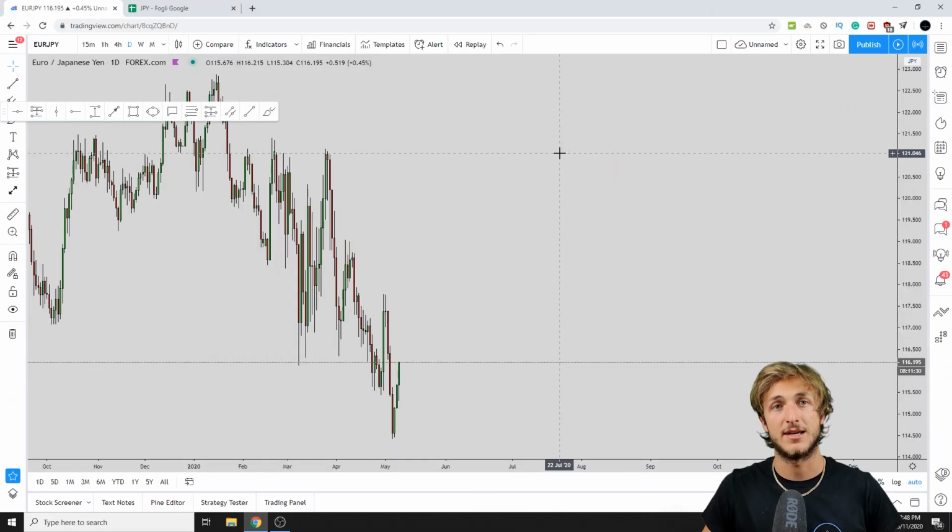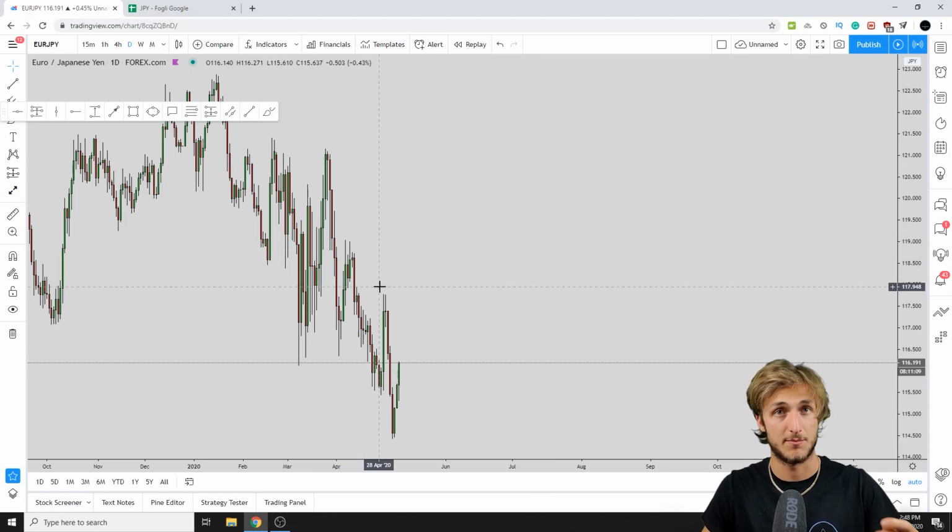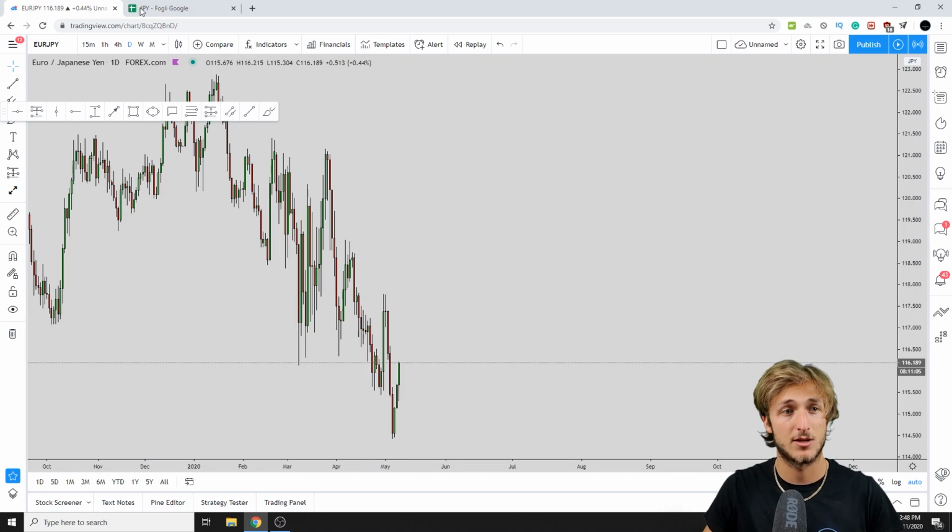Okay, so let's speak about trend continuations, how we can be capitalizing on very nice and long moves in the market. As an example, I will be taking the EUR/JPY downtrend that has been developing for quite some time, and I will be showing you how with students we were able to capitalize on this move to the downside because we used a combination of technical analysis and order flow.